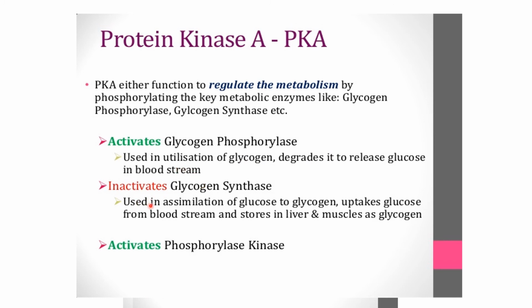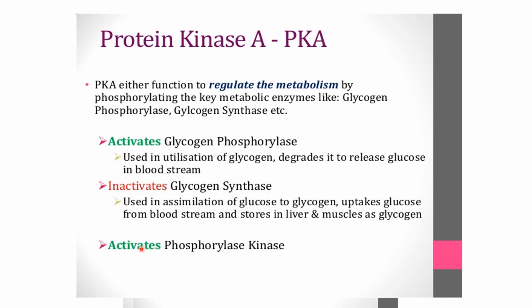Cyclic AMP is used in the assimilation of glucose to glycogen, which takes up glucose from the bloodstream and stores it in the liver and muscle as glycogen. So this enzyme that synthesizes glycogen is inactivated in the presence of cyclic AMP and then protein kinase A.